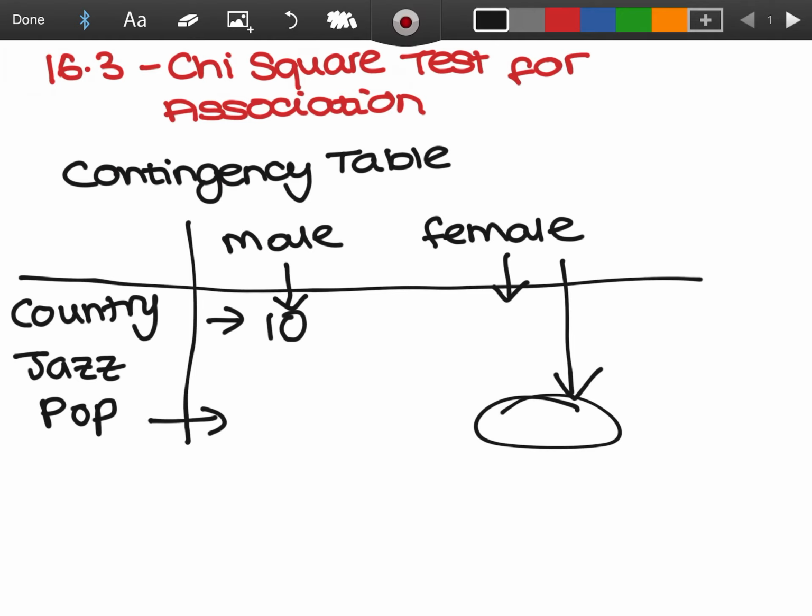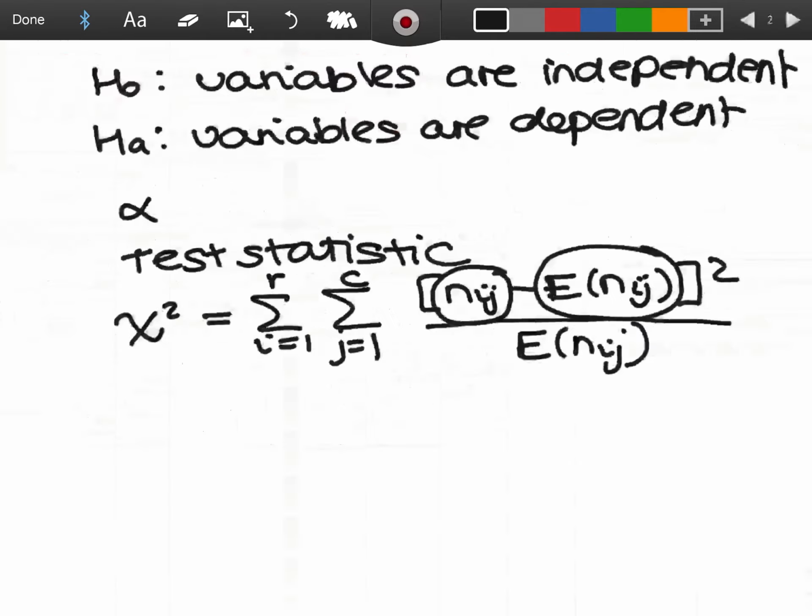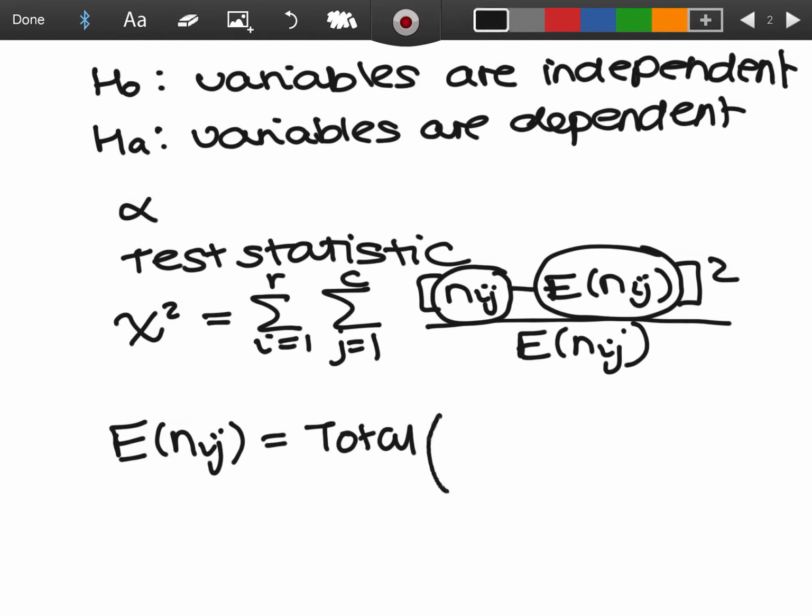Okay. The way that that is actually calculated, again, you're not going to have to do this because your calculator will do it for you. But whenever you do Eij, the number of people that you expect to fall into the cell ij, row i, column j, it's always the total number, okay, and then it would be the total for row i divided by that total times the total in column j divided by the total.